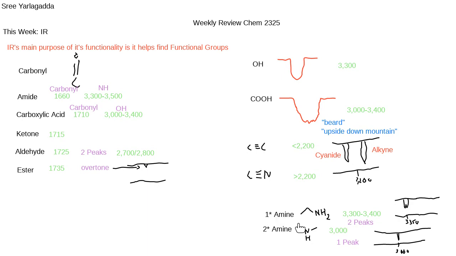Primary has two, secondary has one, so it's opposite. And then the bread and butter of IRs, these are all the special ones. These are your standard ones because carbonyls are used a lot in OChem and especially in OChem 2. So I would really study these differences and study graphs in practice so you can identify each of the differences.